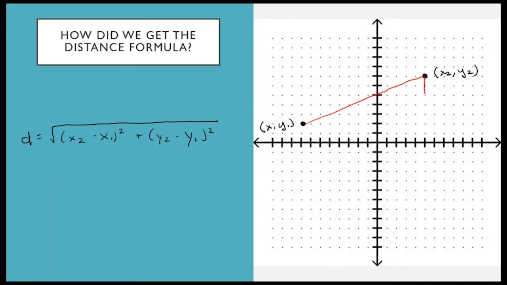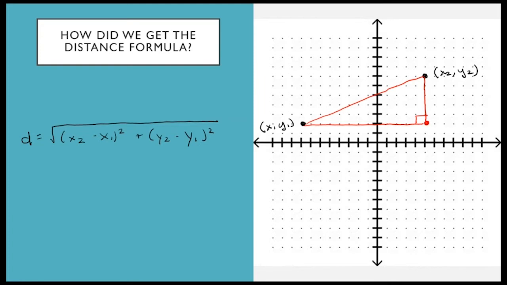The way we get the formula is by using the Pythagorean theorem, because we can visually make a right triangle here. Using the Pythagorean theorem, you can solve for the length of the hypotenuse, which is going to be that distance.